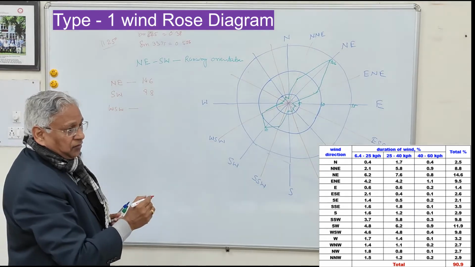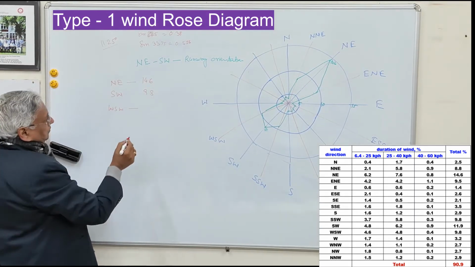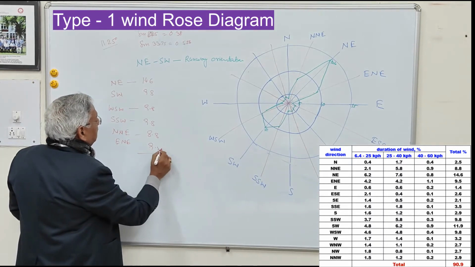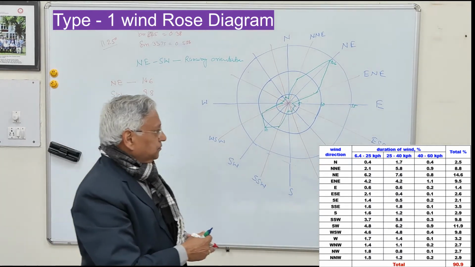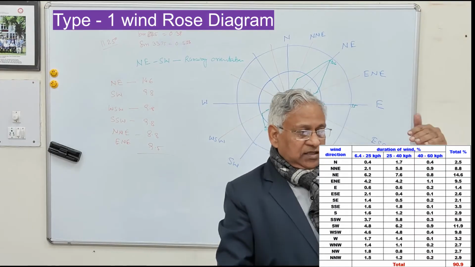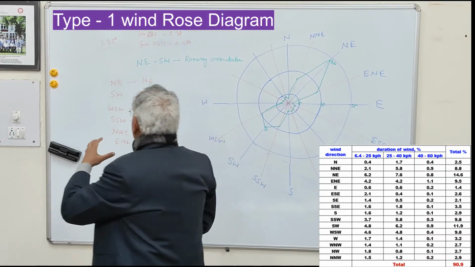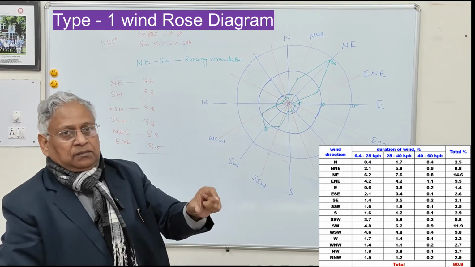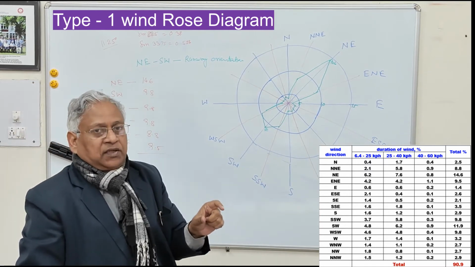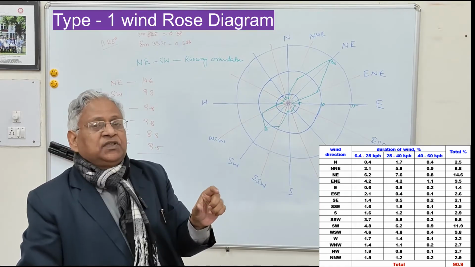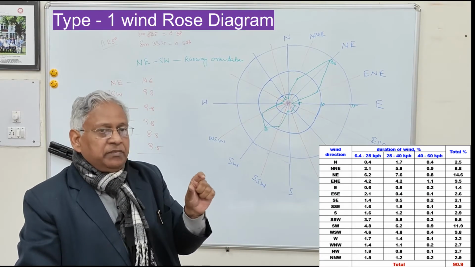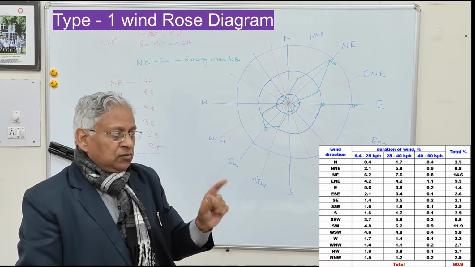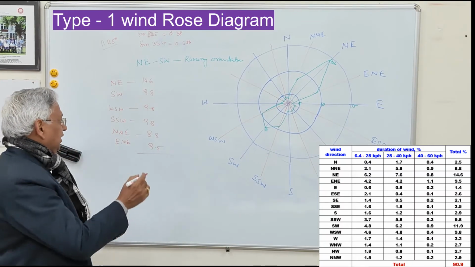So you can add all these values from west, southwest. You have a value of 9.8, 9.5. Take the total sum. Now, if you look at the wind data given in the question, the total sum of duration in the last column is 90.9%. That means the speed will be less than 6.4 km per hour for a time period equal to 100 minus 90.9.